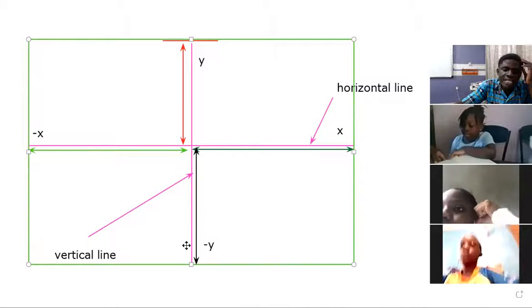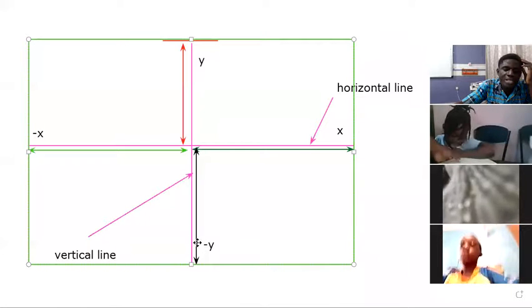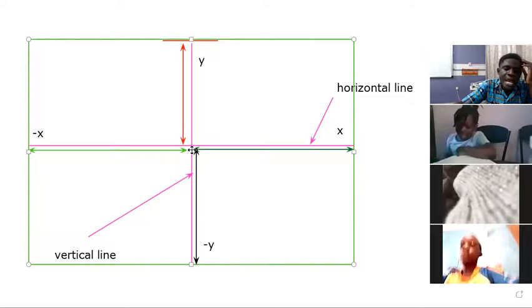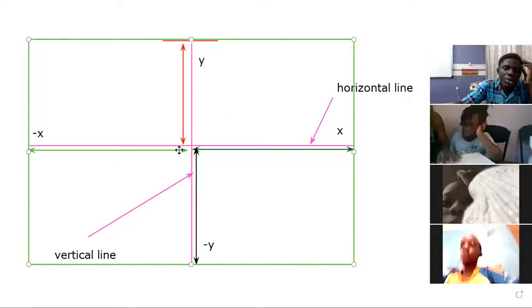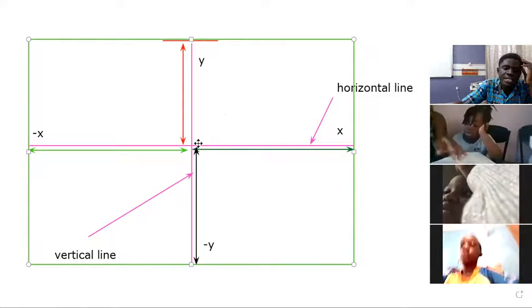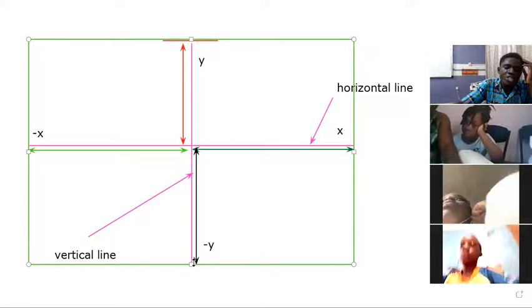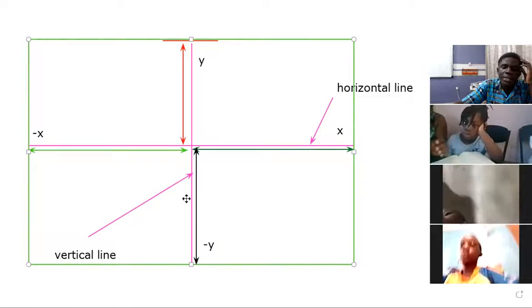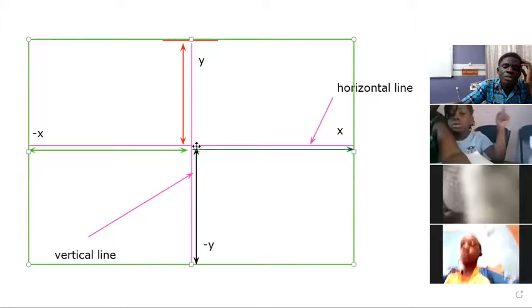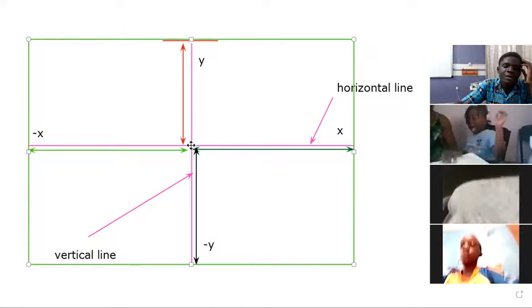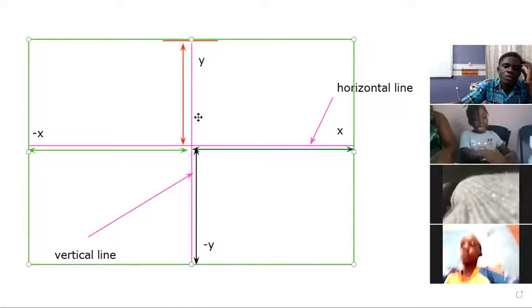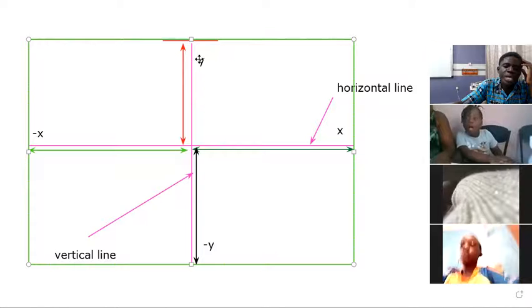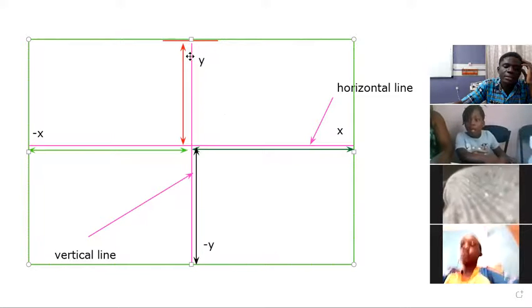And what the negative Y means is that any number we put along the line from the center of the circle to the bottom will be a negative number. And any number we put from the center to up here will be a positive number.